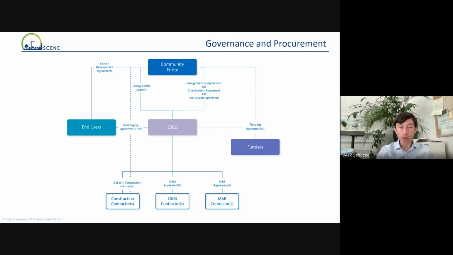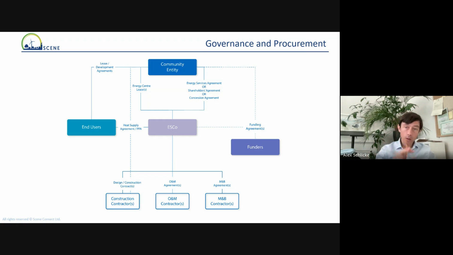You will have a construction contractor, who will be responsible for the design and construction of the system. You have an operation and maintenance contractor, the O&M, to manage the asset on your behalf, and then potentially a contractor that provides metering and billing services, depending on the type of service that you're providing.